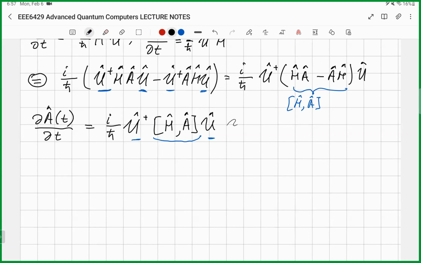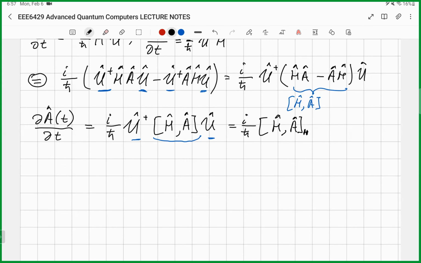So I can simply write this in the following form: i over h, then this commutator of H and A in the, let's put Heisenberg here. So basically this is the commutator in the Heisenberg picture.